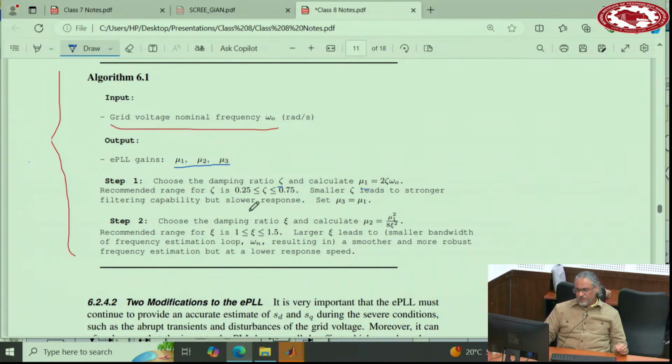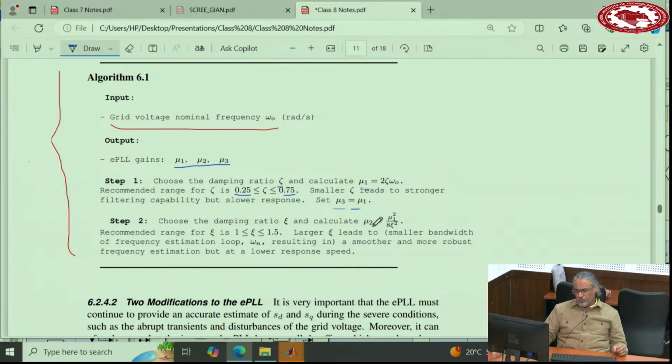The recommended range for zeta is 0.25 to 0.75 based on our experience, and it's a reasonable range. The smaller ones give you stronger filtering, but actually make it a little bit slower. And then mu3 and mu1 are equal.